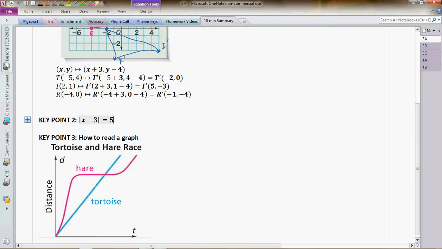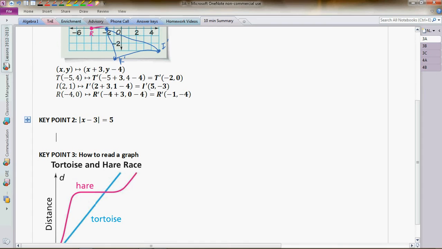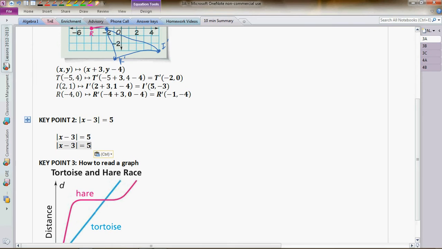Alright, so key point 2 is how to solve these absolute value equations. Again, absolute value is the distance between whatever the point is to 0. In order to solve this problem, think about what number you can put if we remove this one. Obviously, it's either positive 5 or negative 5.